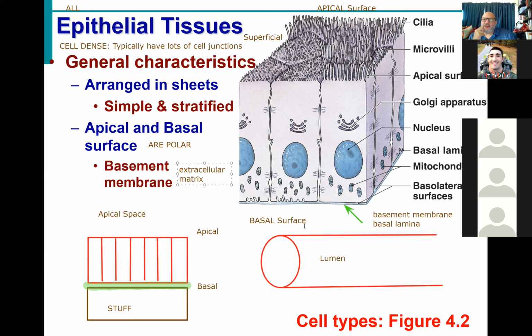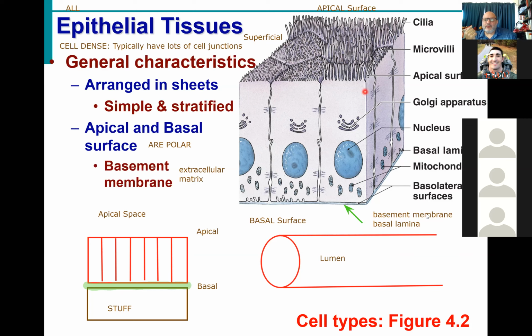Okay, so you are correct, but let's be more specific. This basal lamina is referring to this entire blue substance that is on the bottom, which is, as I mentioned, the basement membrane or the basal lamina. Two names for the exact same thing.